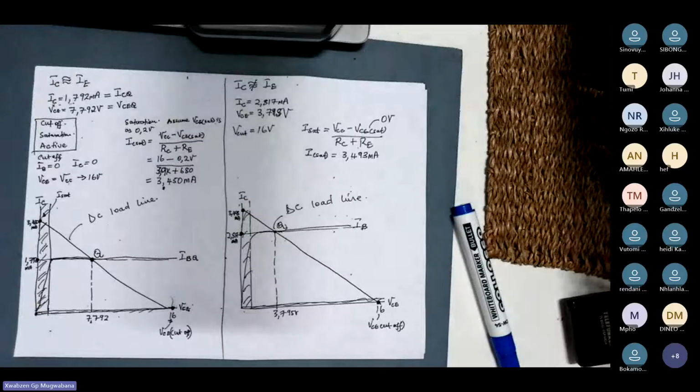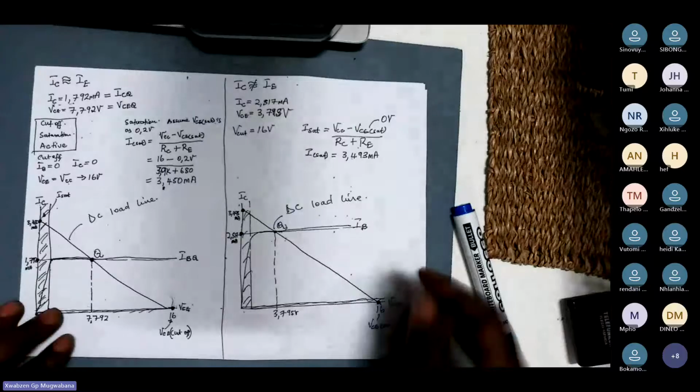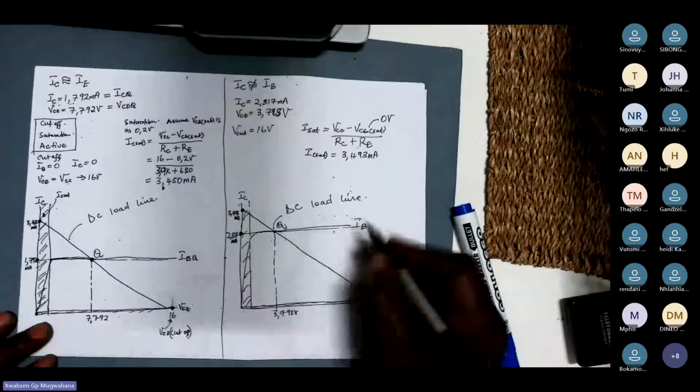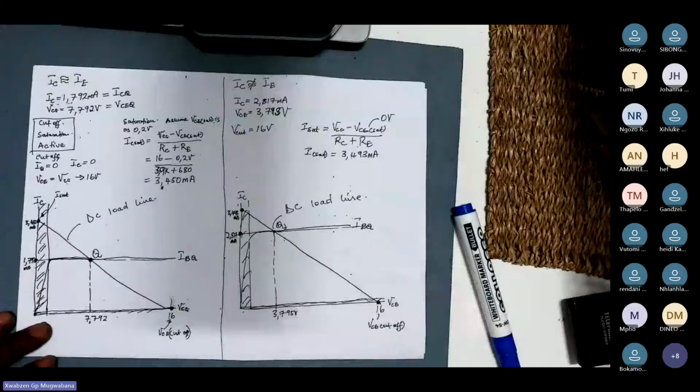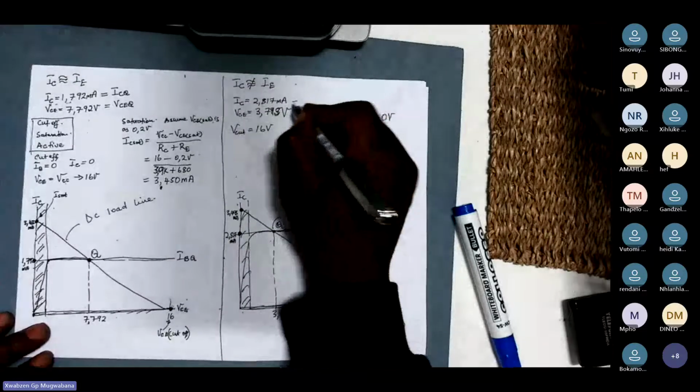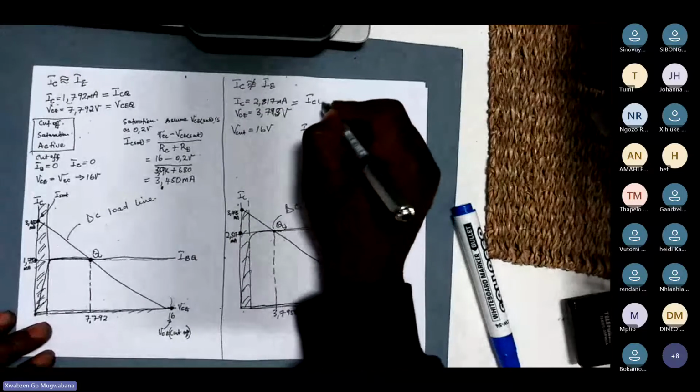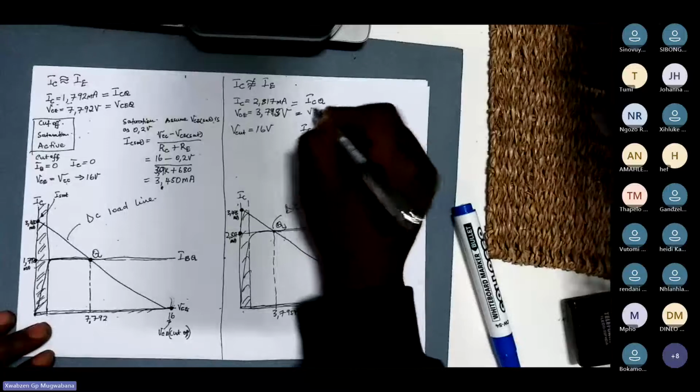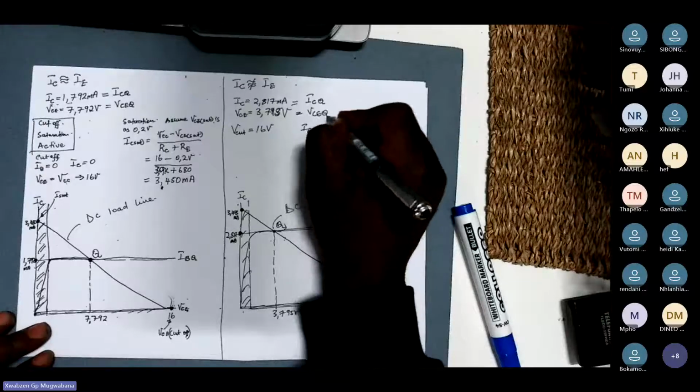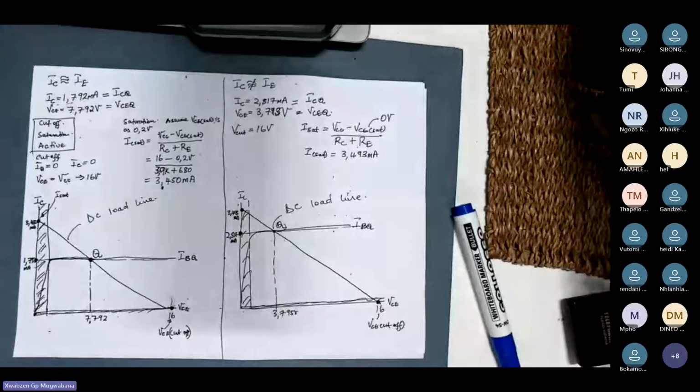It can start amplifying, and it can start working as a switch. Because this is the quiescent point, that is your VBQ. Here you have your ICQ, and here your VCEQ. Then you are done with your analysis.